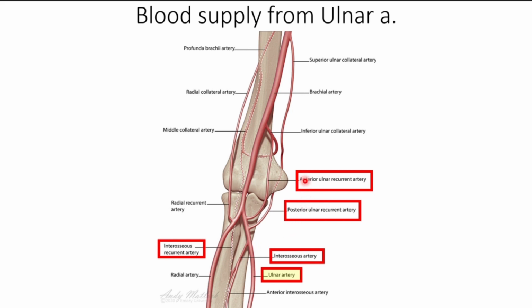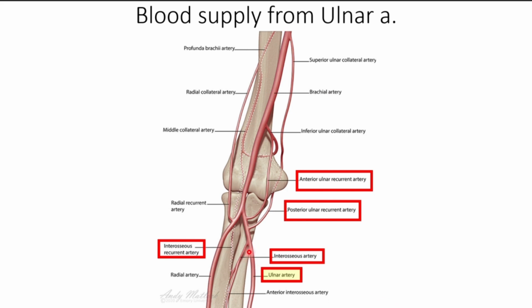The anterior and posterior ulnar recurrent arteries arise from the ulnar artery and move around the medial epicondyle of the humerus to anastomose with the inferior and superior collateral arteries of the ulna, respectively.